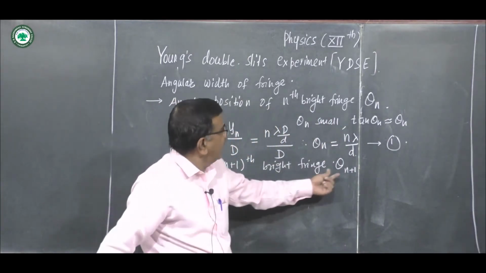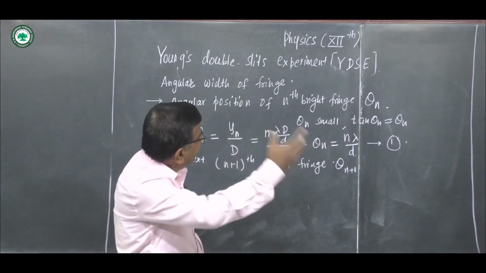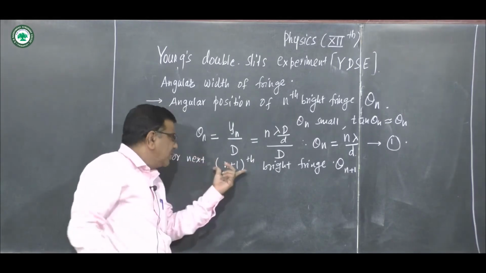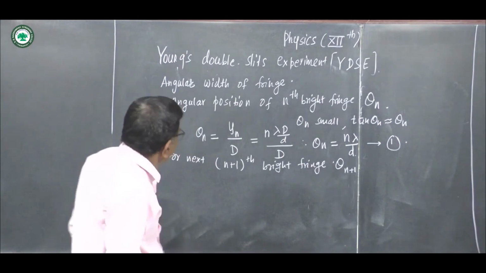For the nth bright fringe, angular position is theta n. For the next n plus 1th bright fringe, angular position is theta n plus 1.